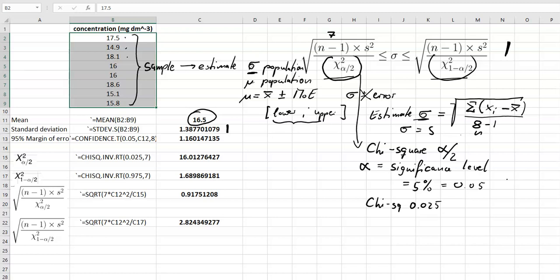And we also need to find the same chi-square value for 1 minus alpha half, and that would be 1 minus 0.05 over 2, so that would be 0.975.